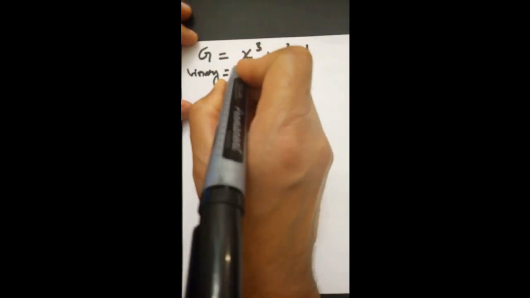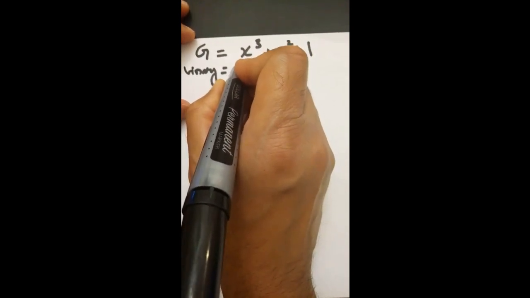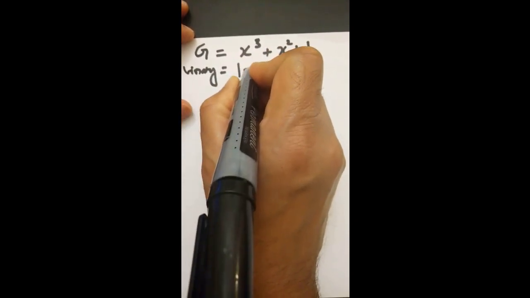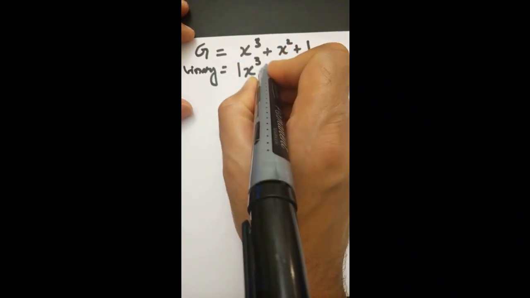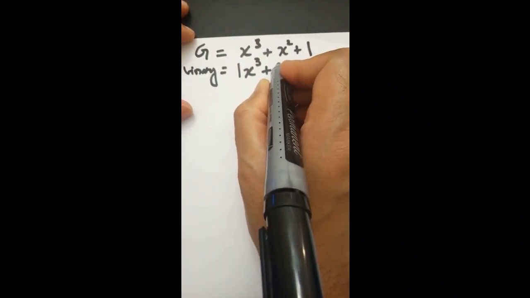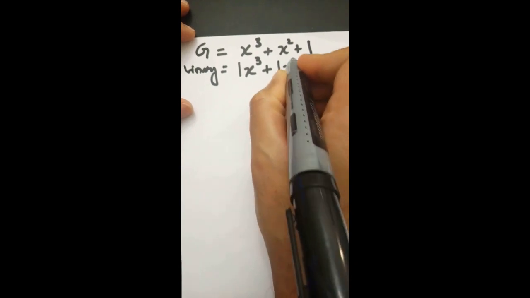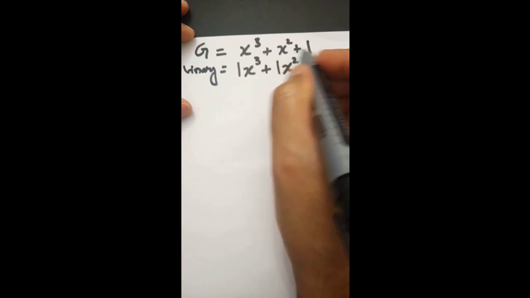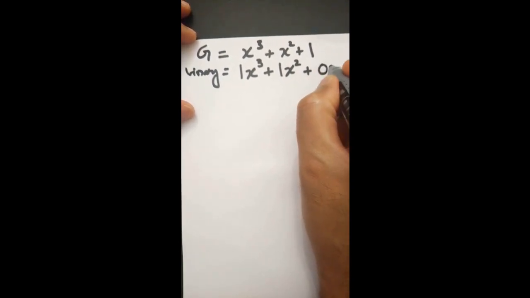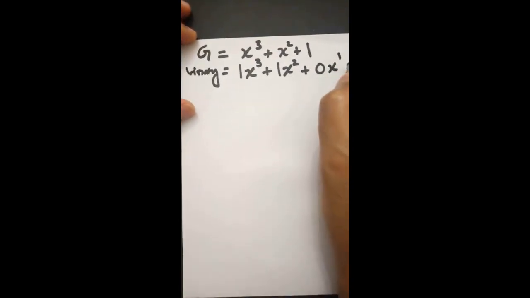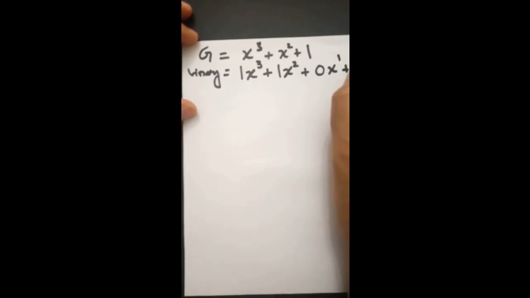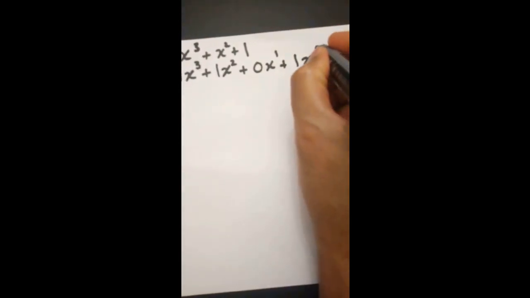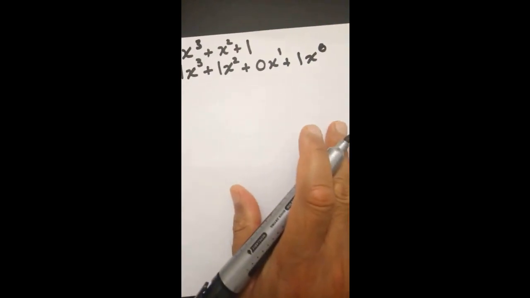So I write it as 1x cube plus 1x square plus, okay, x1 is missing in this algebraic equation, so that means it's 0 x raised to the power 1 plus, and this 1 is 1 x to the power 0. I hope you understand this x raised to the power 0, right?